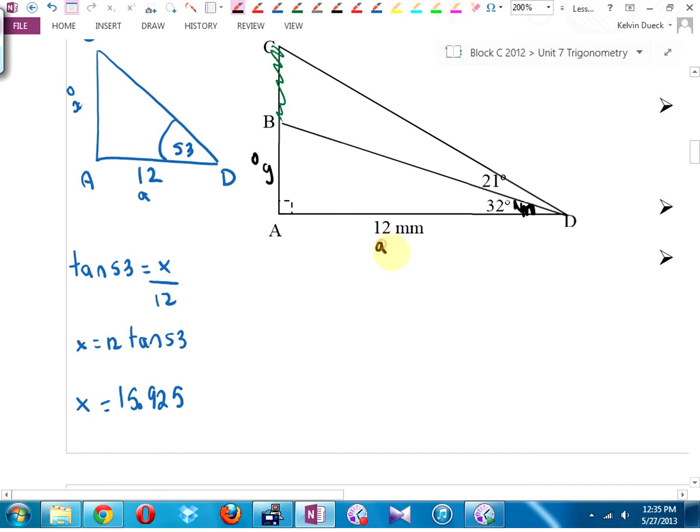Adjacent. I'm telling you, Mr. Dueck, it's tangent every time. Not every time, but a lot of the time. Tan 32 equals y over 12. Y equals 12 tan 32.